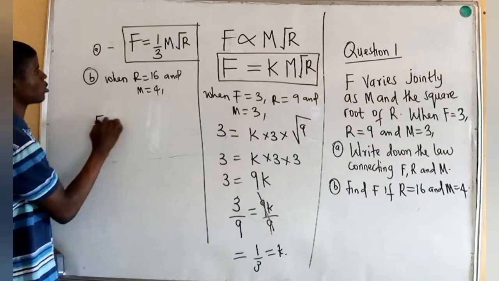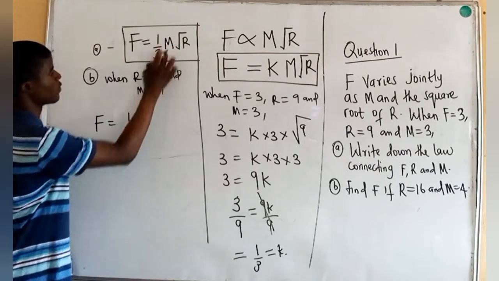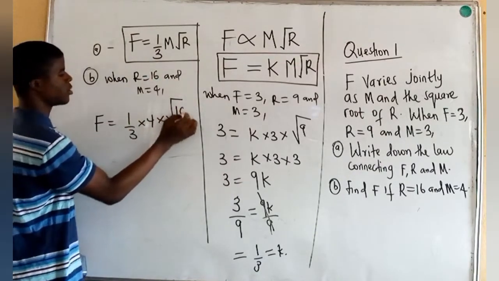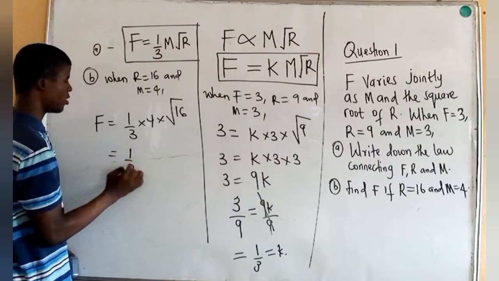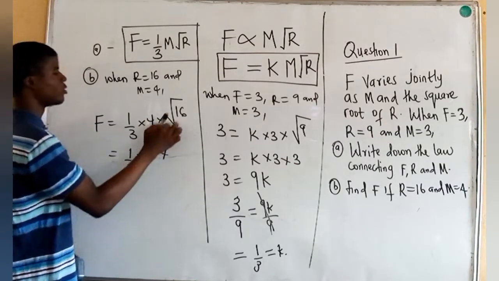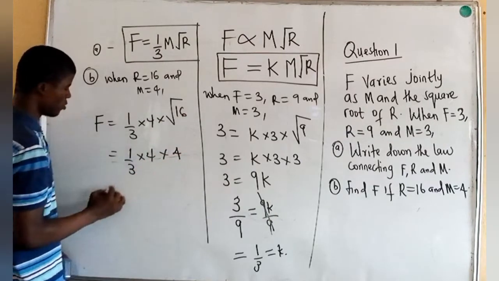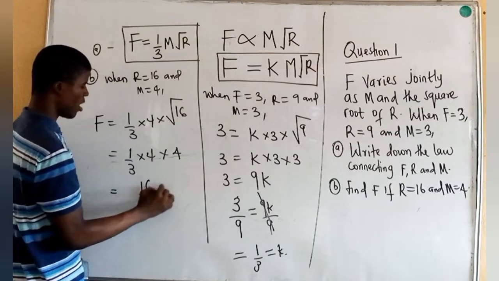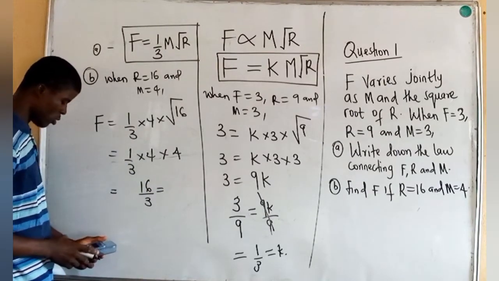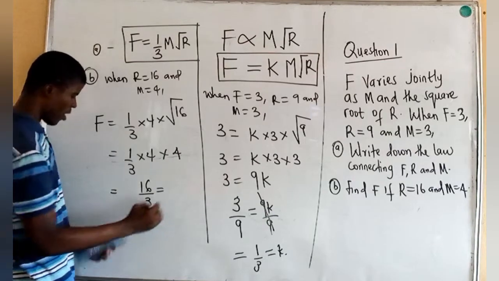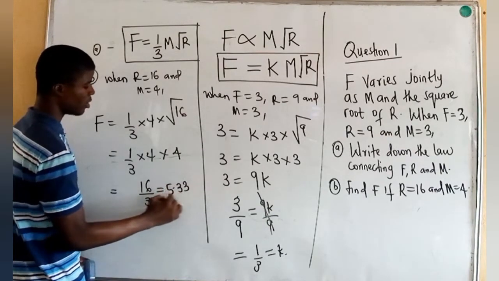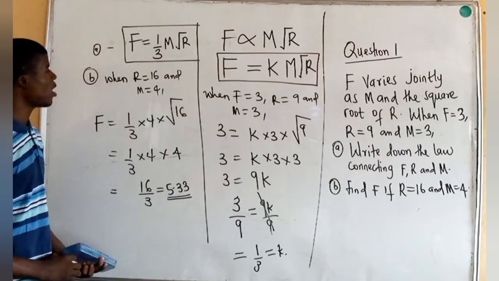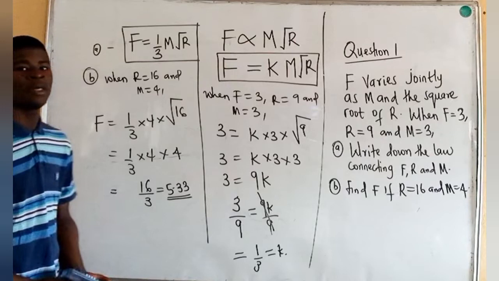So f is now equal to 1 over 3 times 4 times root 16. Root 16 is 4. So this will give me 4 times 4 times 1 over 3, that's 16 over 3. And 16 divided by 3 is equal to 5.333, a recurring decimal. So this is the value of f when r is 16 and m is 4.